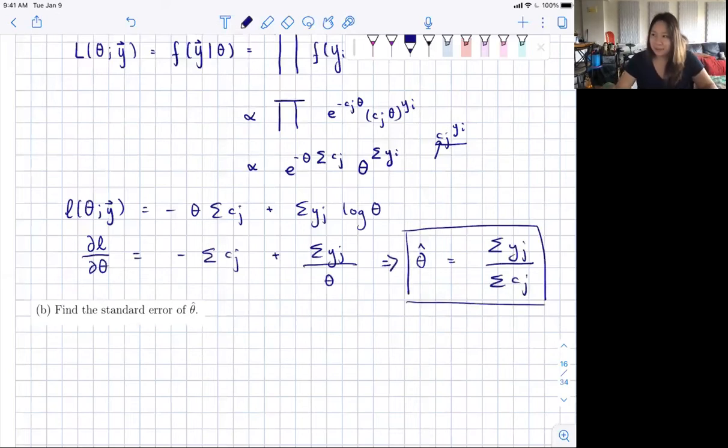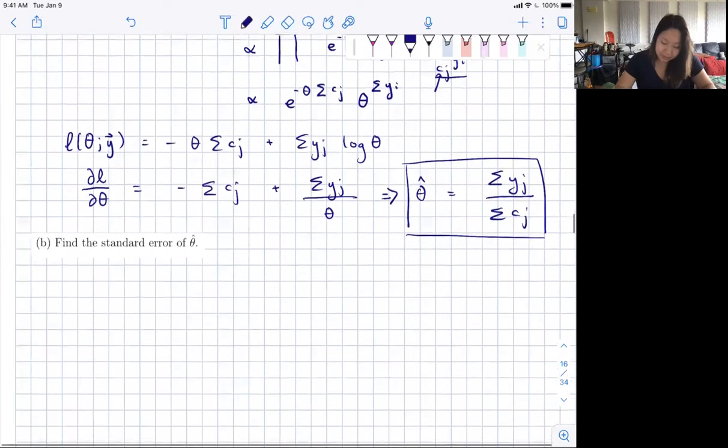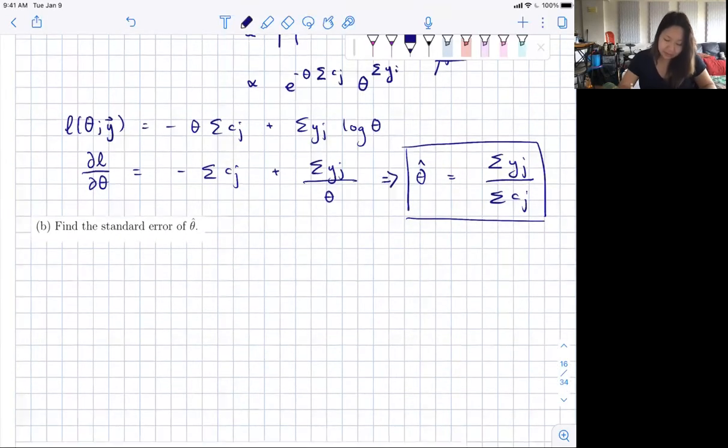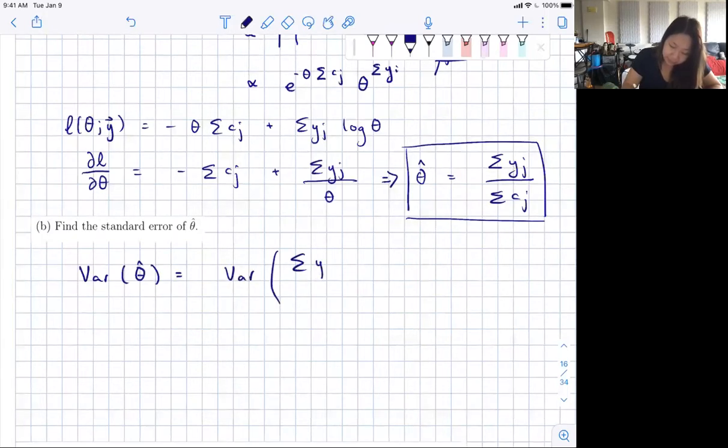Okay, so now we want to find the standard error of θ hat. The standard error is going to be the standard deviation of the estimator θ hat. So the variance of θ hat is equal to the variance of this stuff.